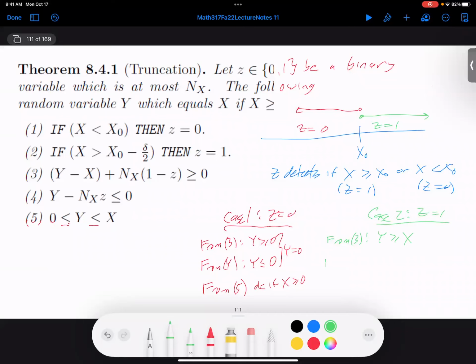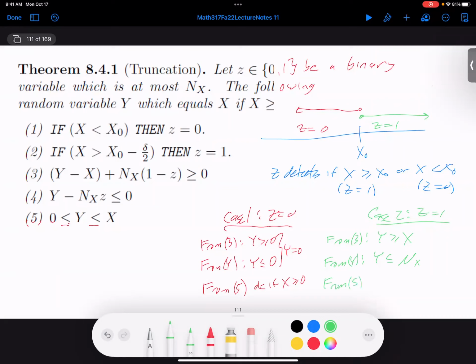What about from 4? What do we get if z equals 1? We get y is less than or equal to nx. All right, so that just controls how big y can be.